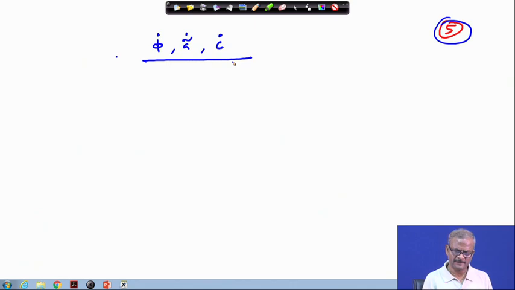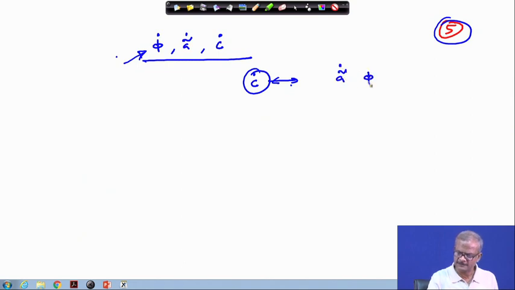Quite often we may need to go from one notation to another: sometimes we are dealing with C and from this C we need to go to a tilde dot and phi dot, and vice versa. Sometimes we are dealing with a dot, phi dot, and from there we need to go to the C dot.